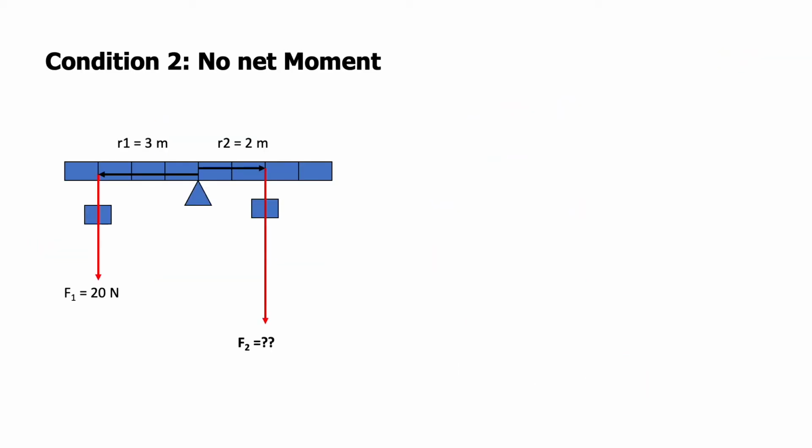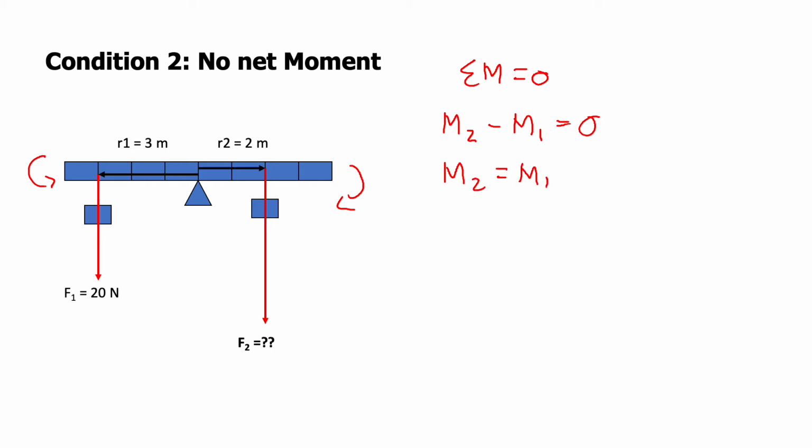Similarly in this problem, we can again use the summation of M is equal to 0. So this is the second condition, and M2, which is clockwise, therefore it's positive, minus M1 here, which is counterclockwise, that's why it's negative, is equal to 0. Again, we have M2 is equal to M1, where M1 here is F2 r sine theta.